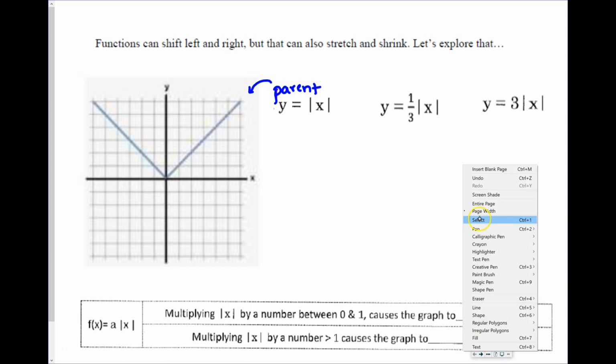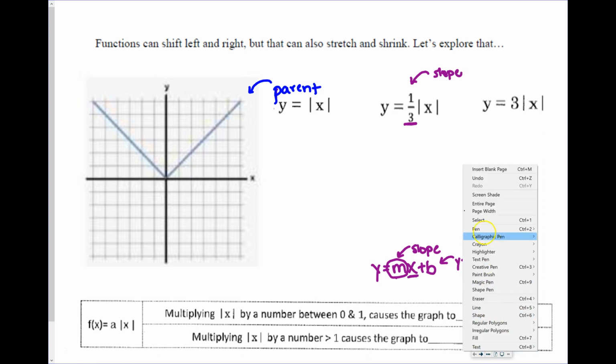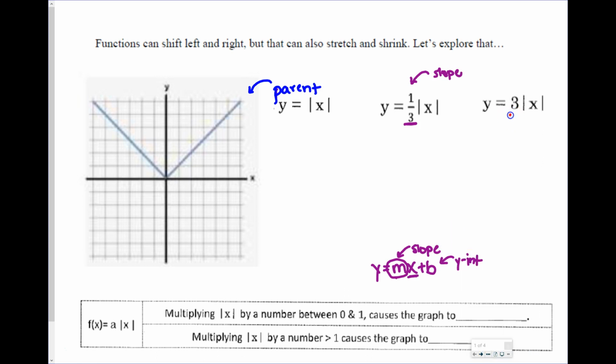Now, I want you guys to remember that y equals mx plus b. This is a graph of a line, right? Where m is your slope and b is your y-intercept. The same way that the number in front of your x is the slope, it behaves the same way in absolute value functions.